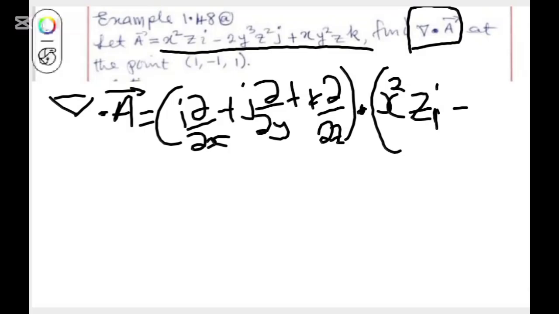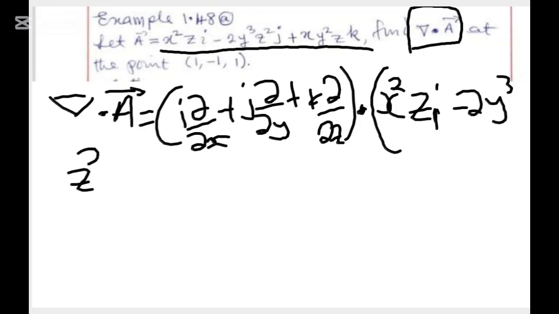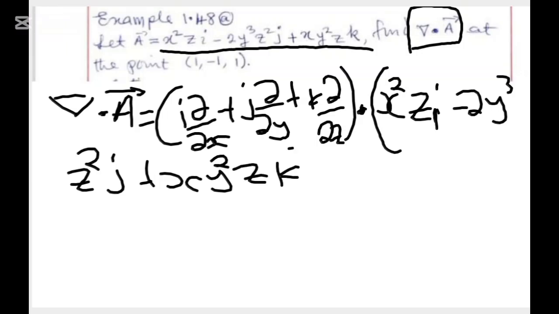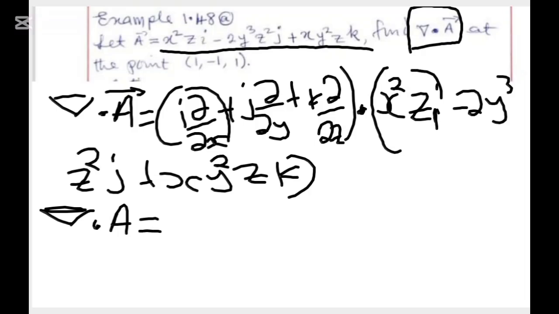minus 2y cubed z squared j plus x y squared z k. So I have to say the del dot a is the same thing as, I have to take the partial derivative of each, because I have i, I have j, I have k.